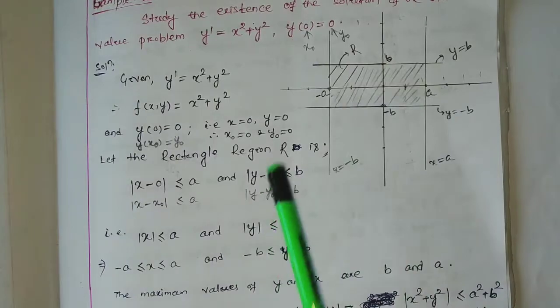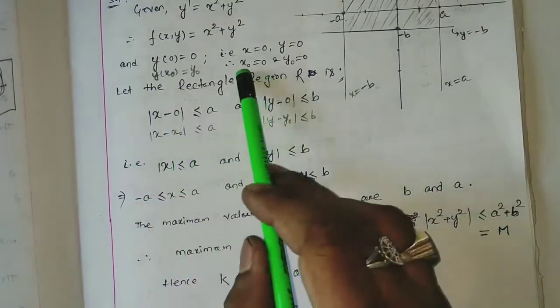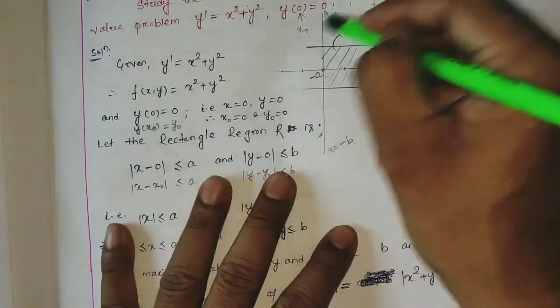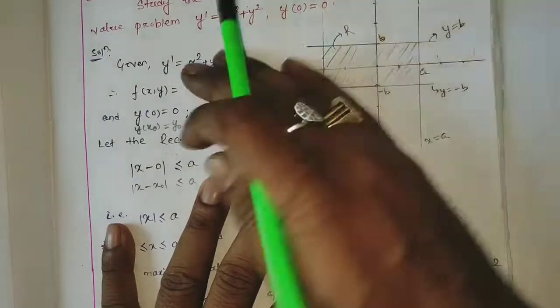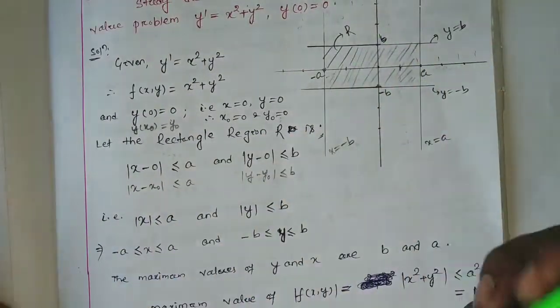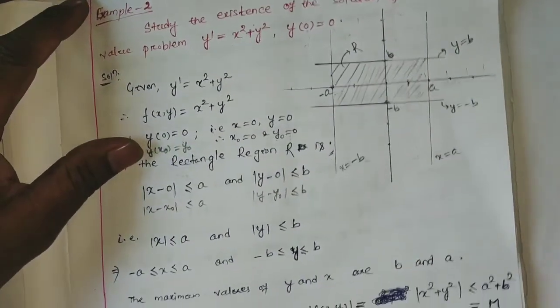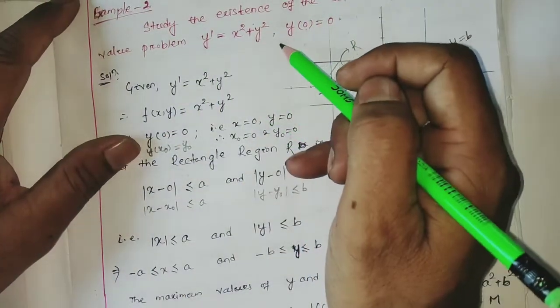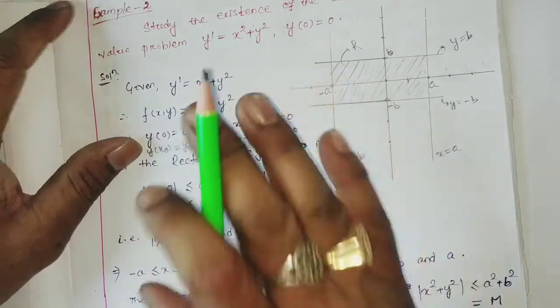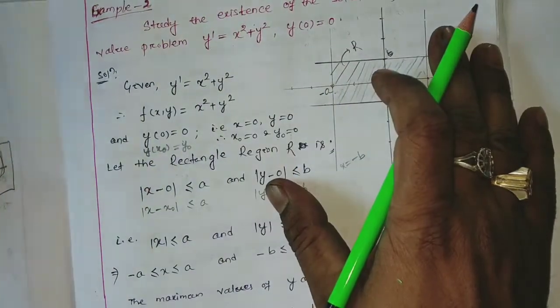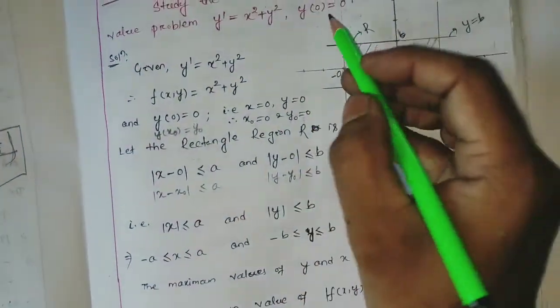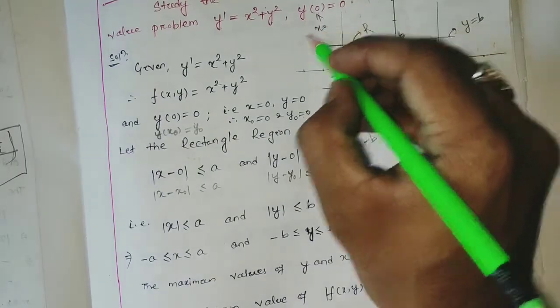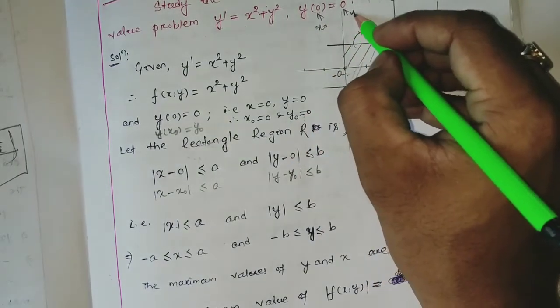Here I have written it in the note, but in the question no rectangular region has been given. So in this type of question we have to define our general rectangle. As x0 is already given as 0 and y0 is already given as 0.